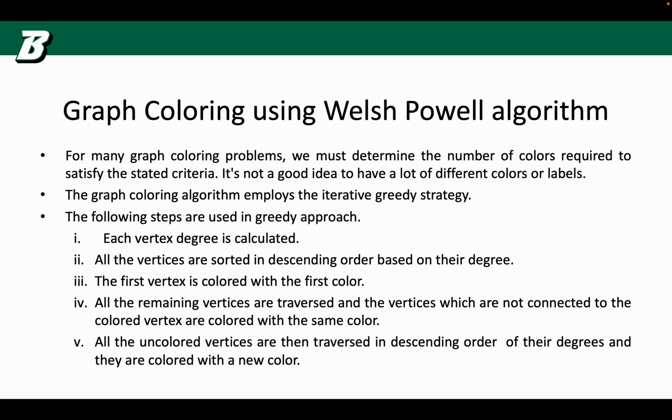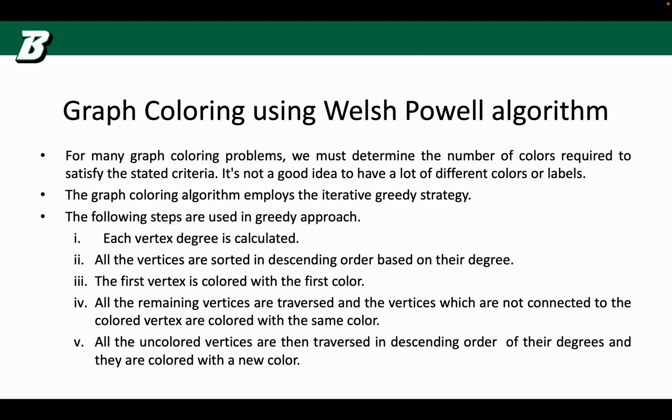Initially a color will be assigned to one vertex, the one with the highest degree, and all the remaining vertices are traversed. If two vertices are not adjacent to each other, they will be colored with the same color if possible. And if two vertices are adjacent, then we will assign a new color.